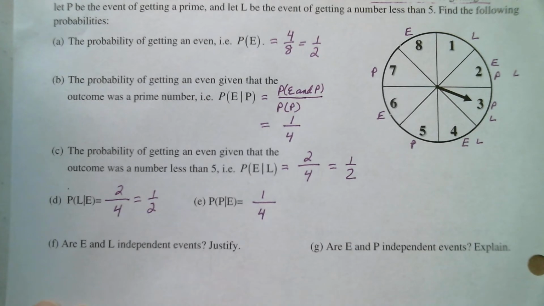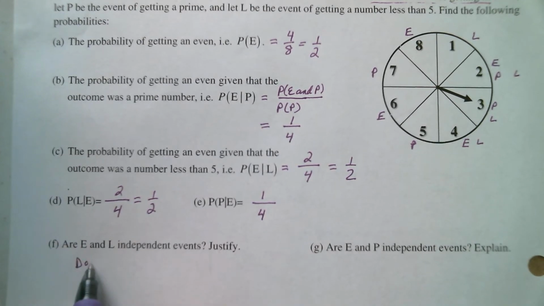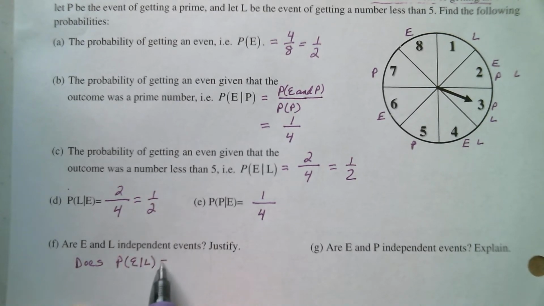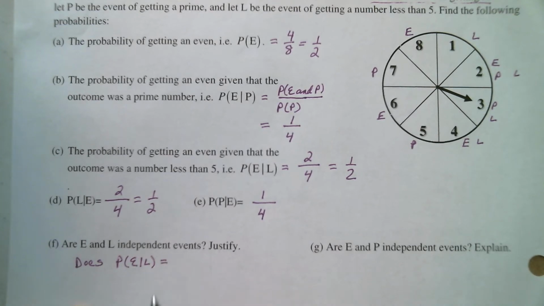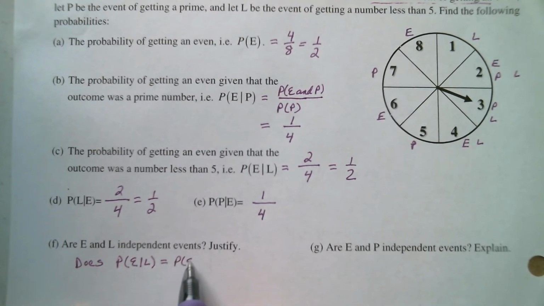Are even and less than 5, are E and L independent events? In other words, does the probability of even given L change the probability that is just even?